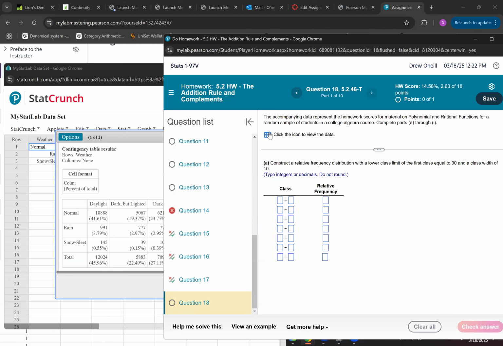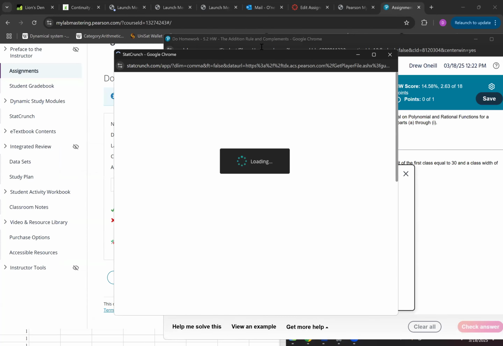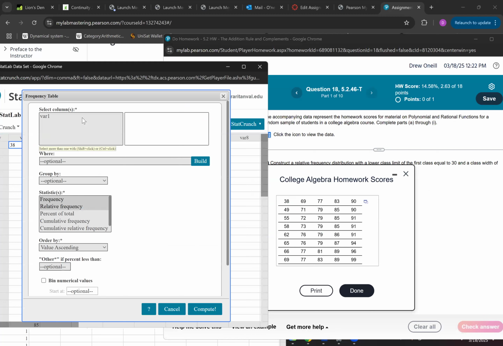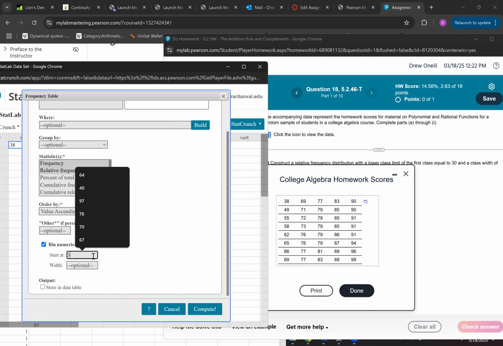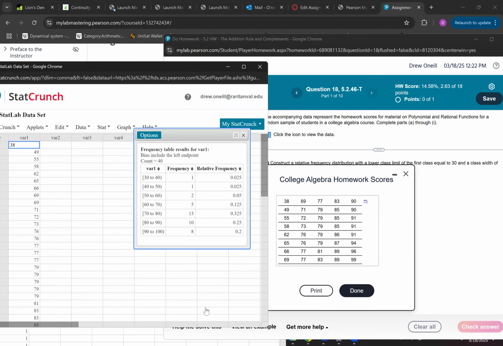This one is important because we've done these, so let's just remind ourselves how to do these. Open the data in Statcrunch, and then do stat, tables, frequency, select the column, and make sure you bin numerical values because it's telling us right here to start at 30 and make a class width of 10, and that's it, right? So Statcrunch does all the work for us.